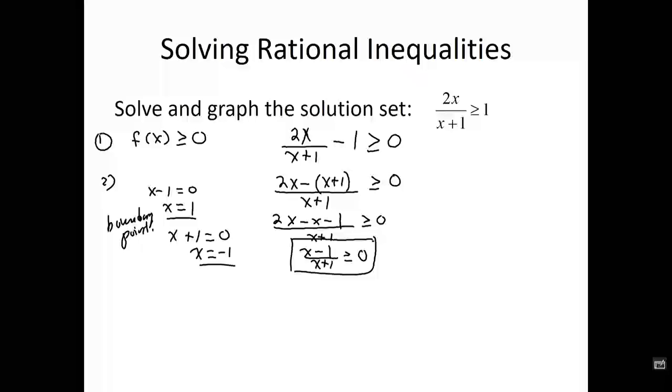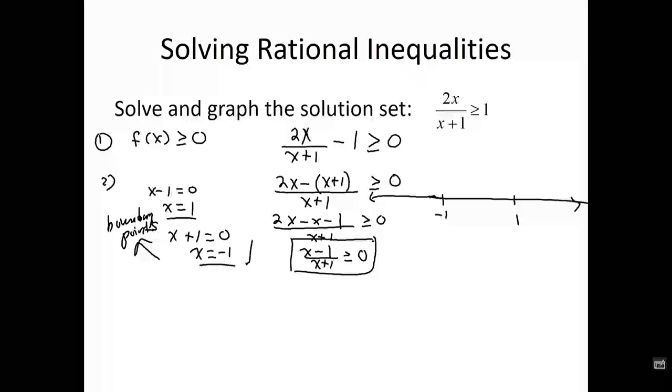Now we're going to use these 2 points, 1 and minus 1, as our boundary points. The boundary points divide the real number line into intervals. So we have the number line with minus 1 and 1.